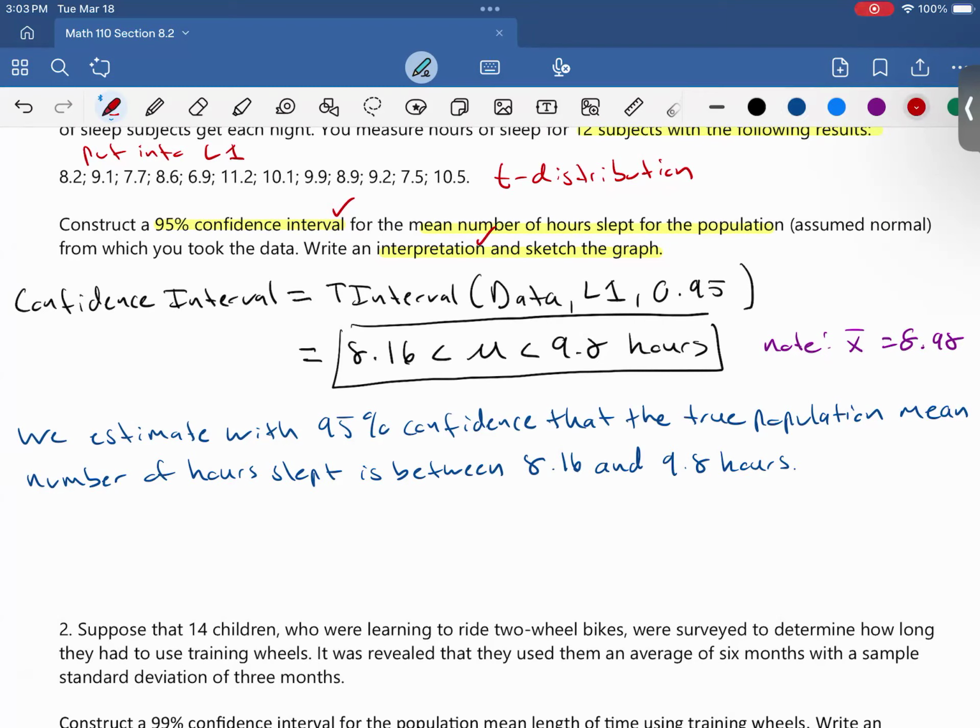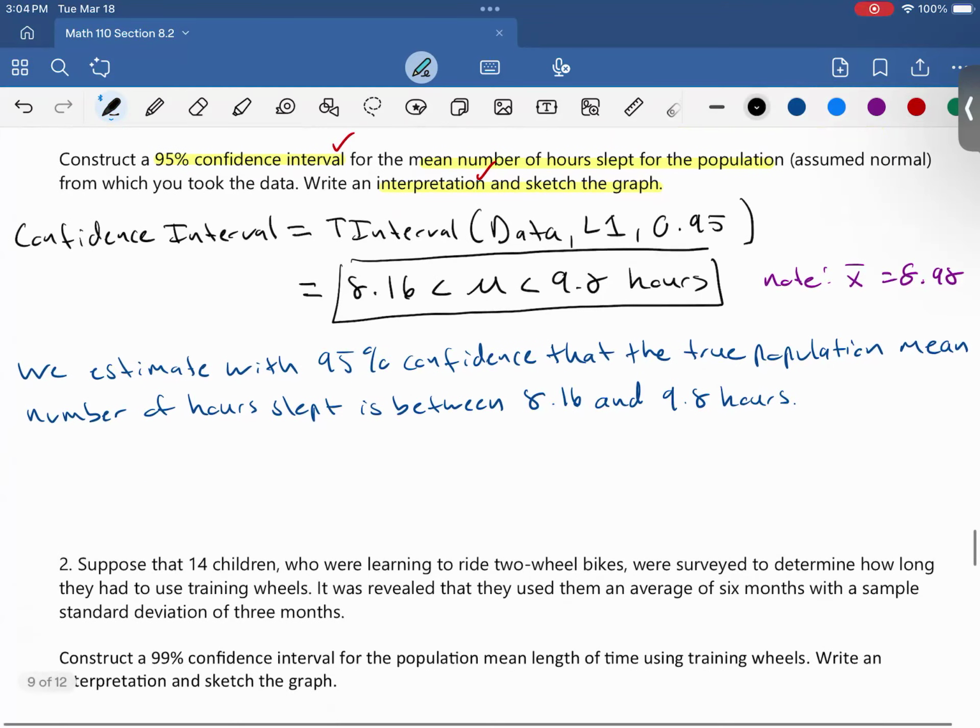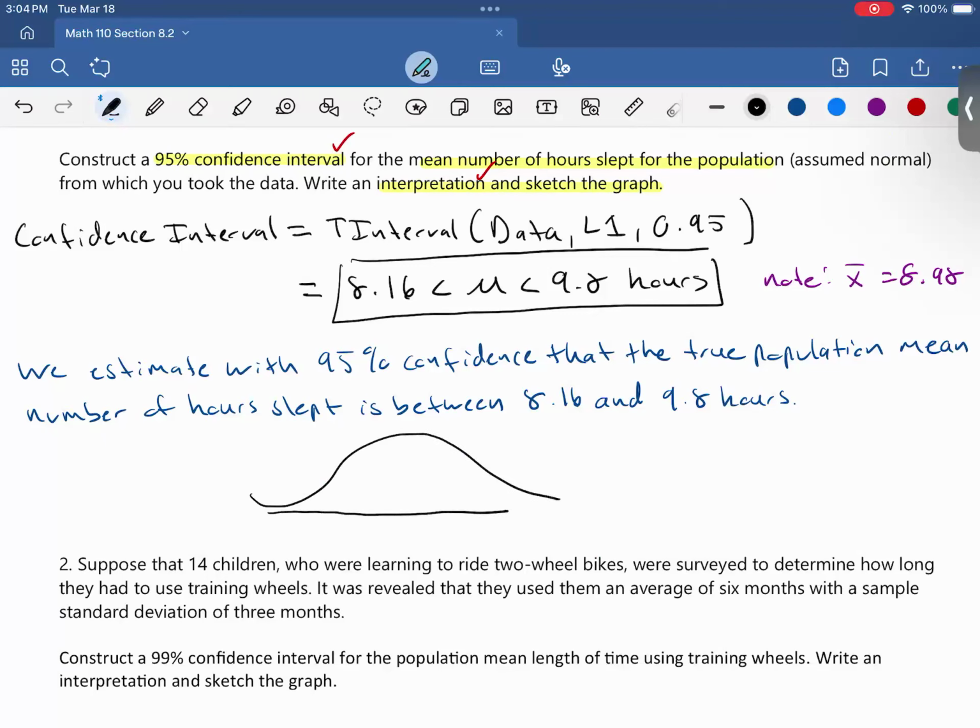And now lastly, a sketch of the graph. We're just going to sketch out our normal distribution, so it looks something like this. And we have 8.98 as our sample mean, so I'm going to put that in the center, and our confidence interval was 8.16 and 9.8 hours.